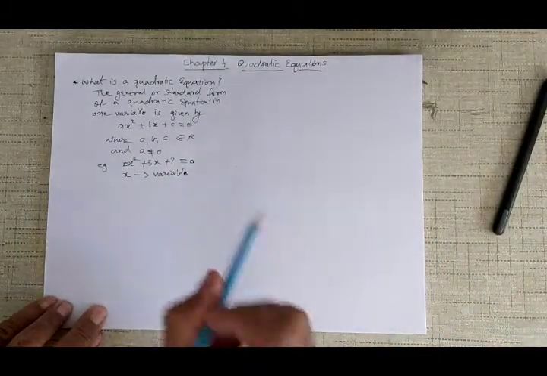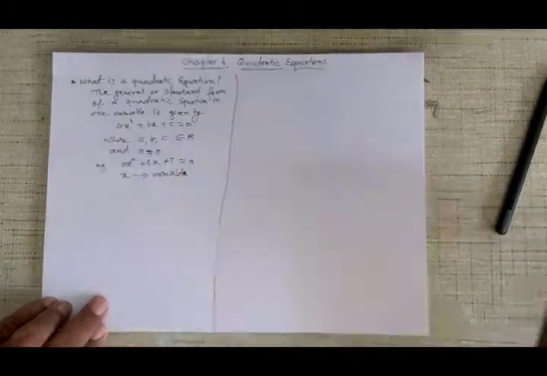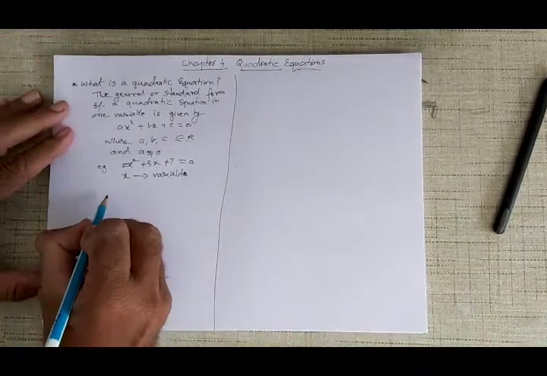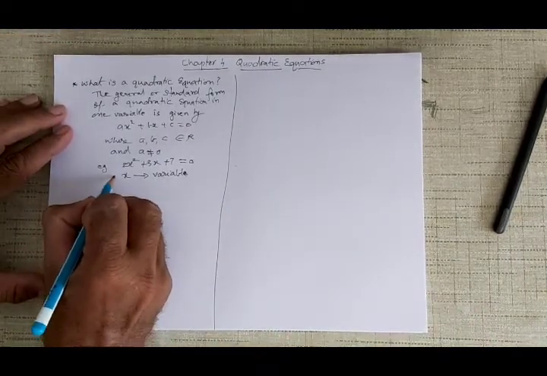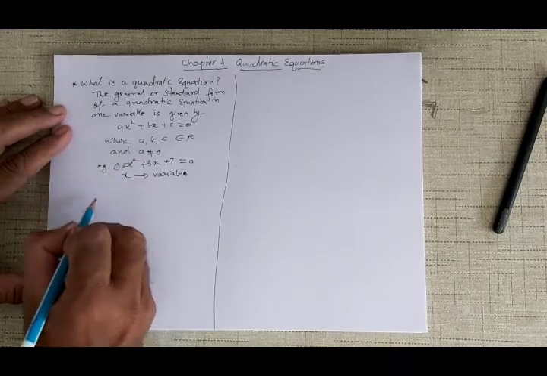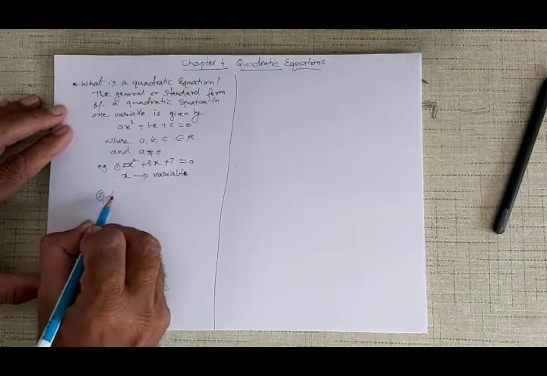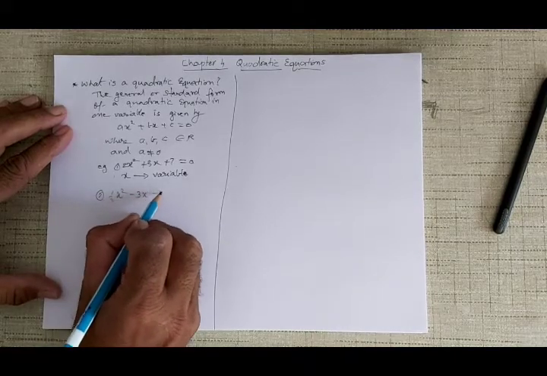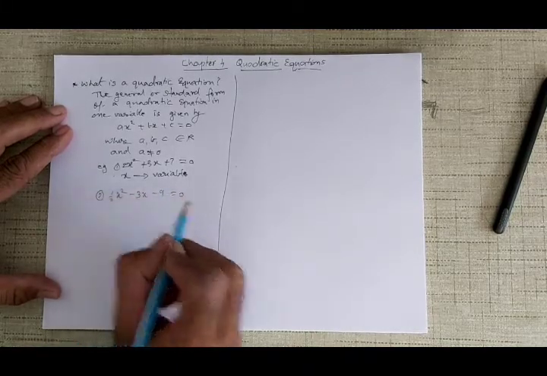Let us take another example: half x square minus 3x minus 9 is equal to 0.